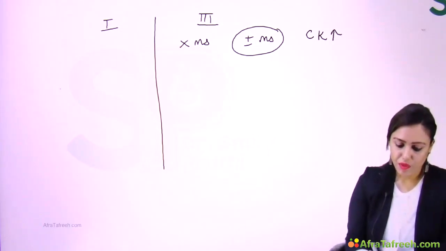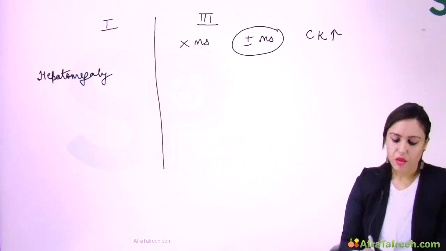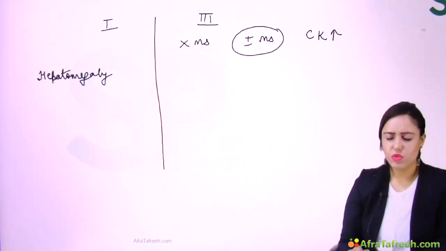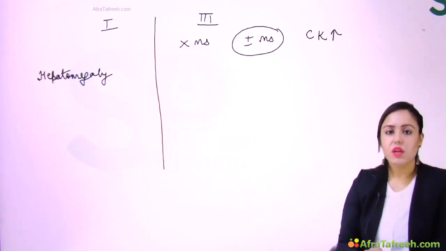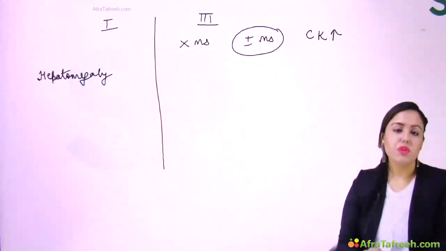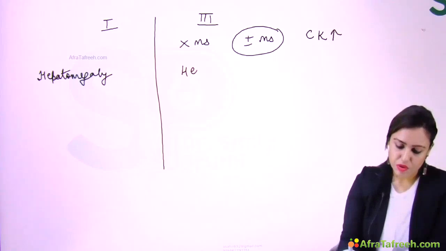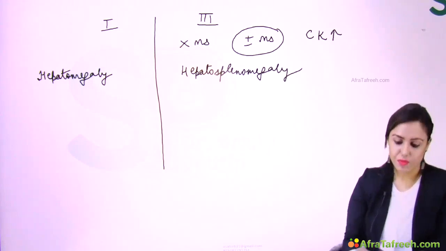In type 1 patients, there is hepatomegaly. In type 1, liver is affected. In type 3, some of the patients, if muscle is not affected, then only liver will be affected, right? But these patients usually have hepatosplenomegaly, right?